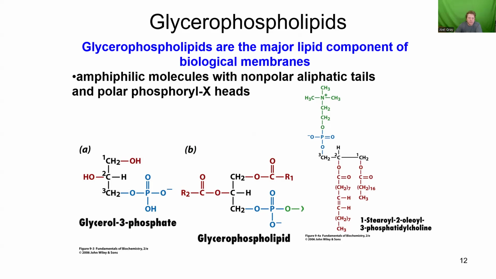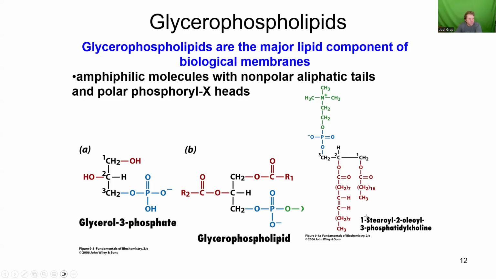Here's a total of 3 examples, kind of as building blocks, thinking about a glycerol 3 phosphate molecule, and then you lipidate that, or you fatty acylate that by adding fatty acids to it, and you get your glycerophospholipid. One kind of completed full molecule shown over here would be 1 stearoyl, 2 oleoyl, 3 phosphatidylcholine.